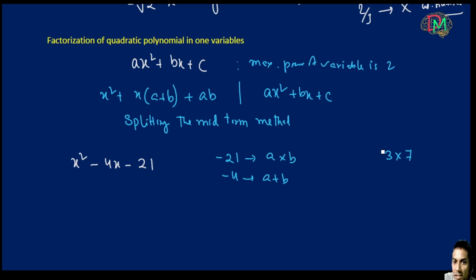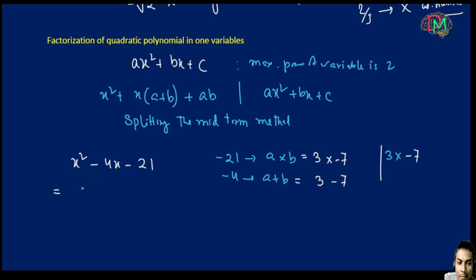If we consider minus 7, it will match both. Clear? So we can write 3 into minus 7. So 3 into minus 7 is minus 21, and here also a is 3 and b is minus 7. Here also we get minus 4.